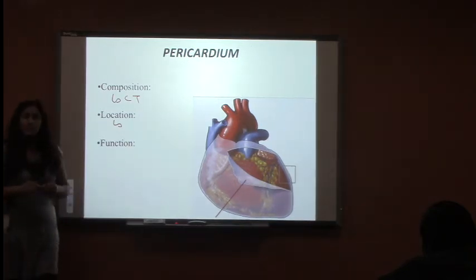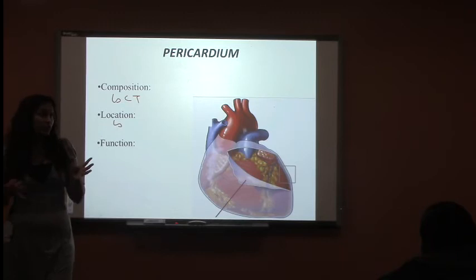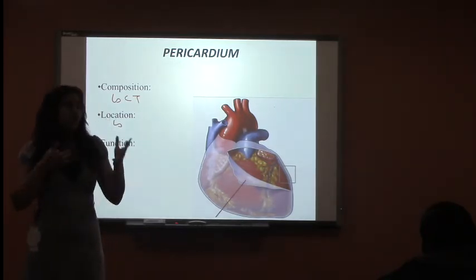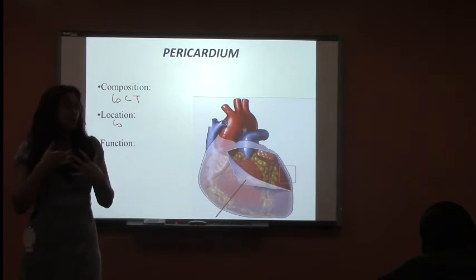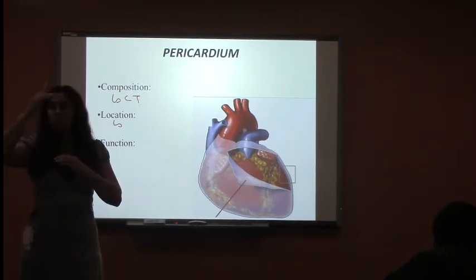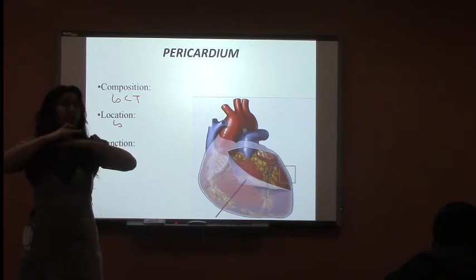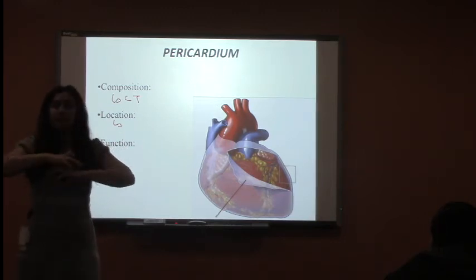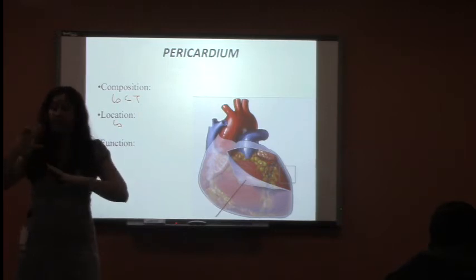Now, do you remember the pericardium has 2 layers? The visceral layer, which touches the heart tissue itself, and the parietal layer, which is towards the chest wall. Between the 2 layers you have a thin space, a vacuum. That vacuum allows the structure to expand.